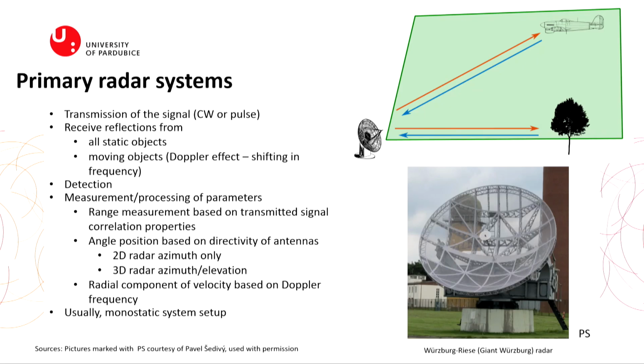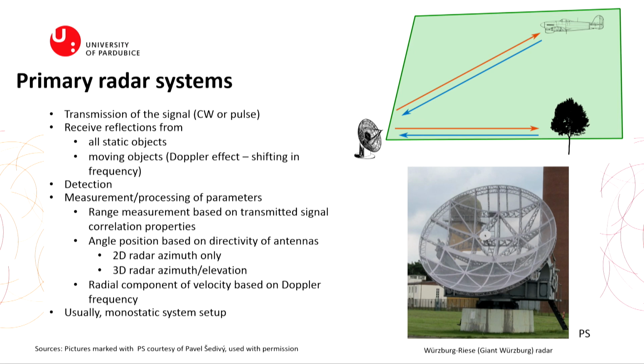So, we will start. Basically, transmission, and now we are at the start. Imagine that we have a radar and it transmits energy to the target, to space, whether there is some target or not. This transmission of the signal could be continuous wave or pulse.